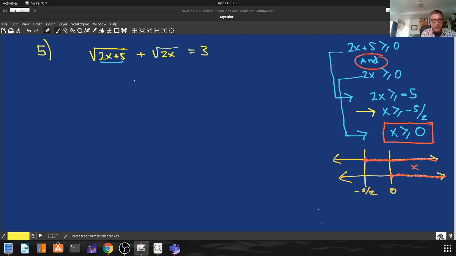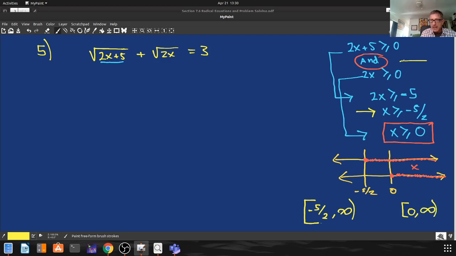The reason I'm going through this is because this will be something that might very well be on your final. This says x is in the set of minus 5 halves to infinity. And this says x is in the set from 0 to infinity.